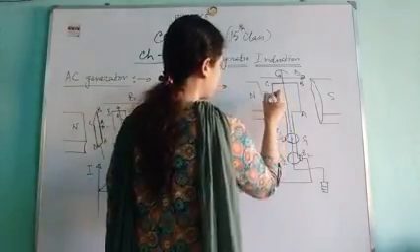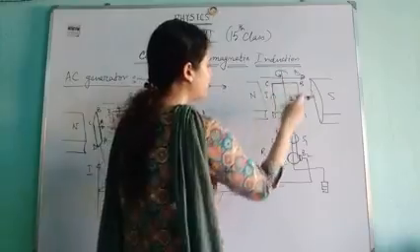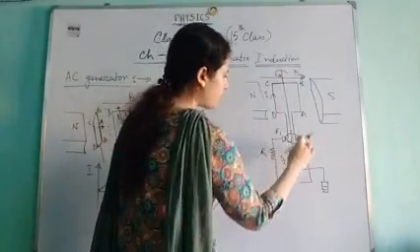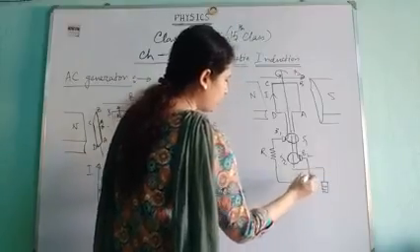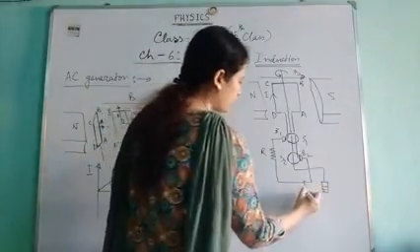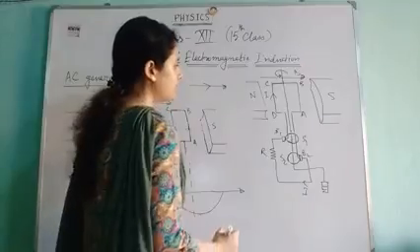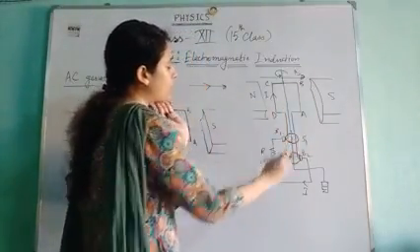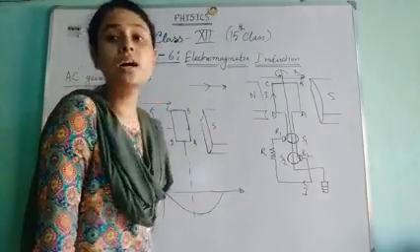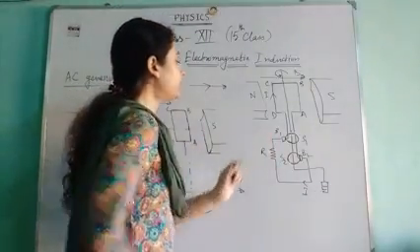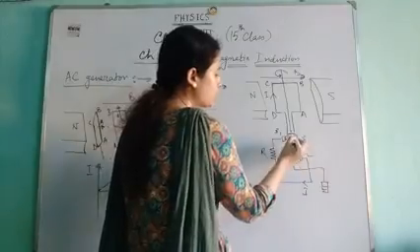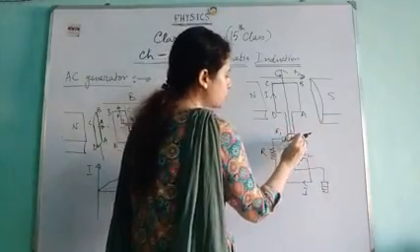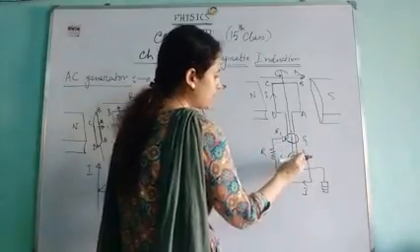Suppose the current is flowing in this direction, then inside the armature it will flow from D, C, B, A. From outside, for the first half cycle it is flowing in this direction, but in the next half cycle the position will change, as we are using slip rings in place of split rings. In the next half cycle, this will connect to this side and this will connect to this side.